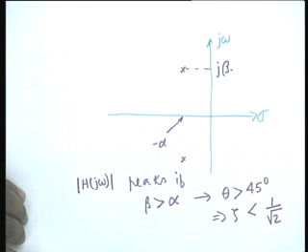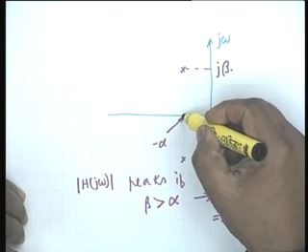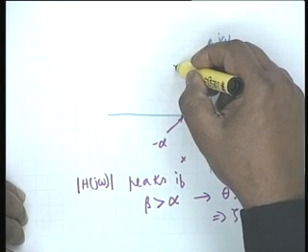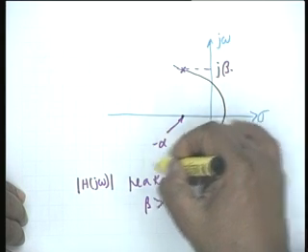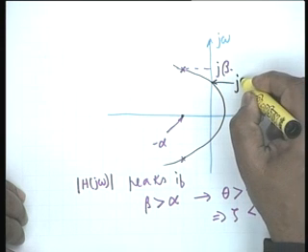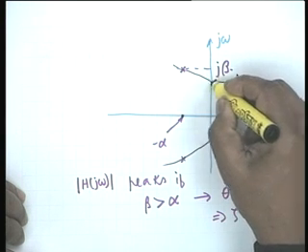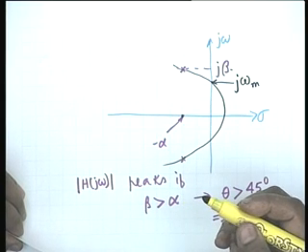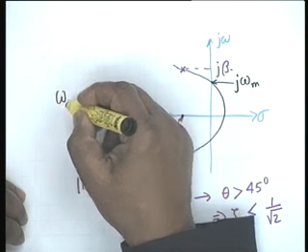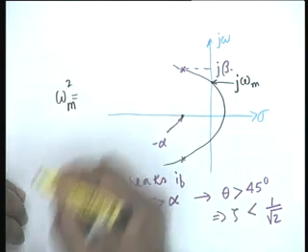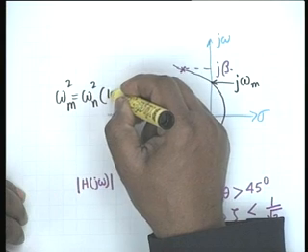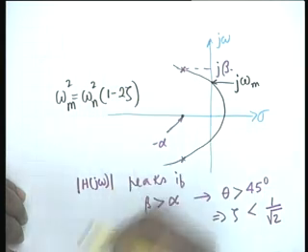That is, what we did was we drew a circle with this point as center and beta as radius, then this circle cuts the j omega axis at j omega m, and this is the frequency at which the peaking occurs. We also showed that omega m squared is equal to omega n squared multiplied by 1 minus 2 zeta squared.